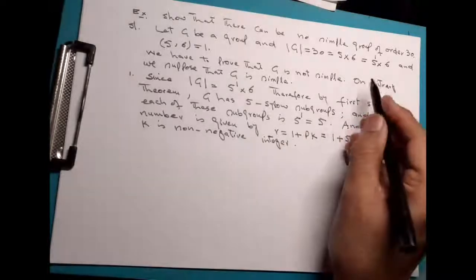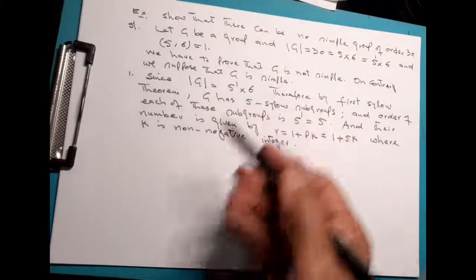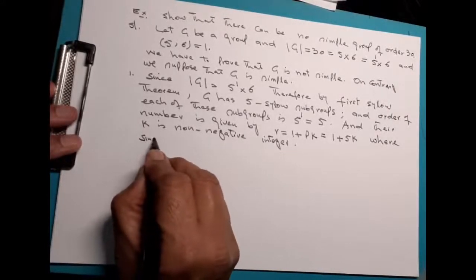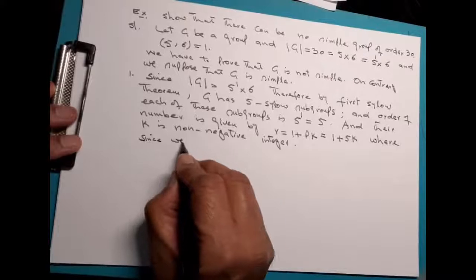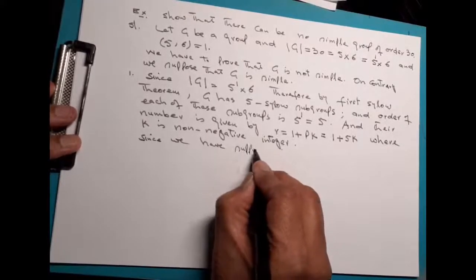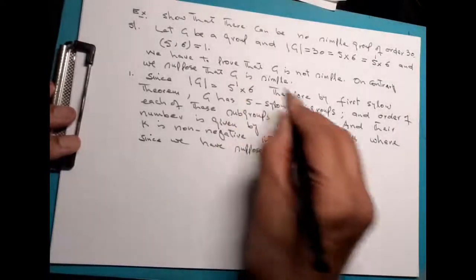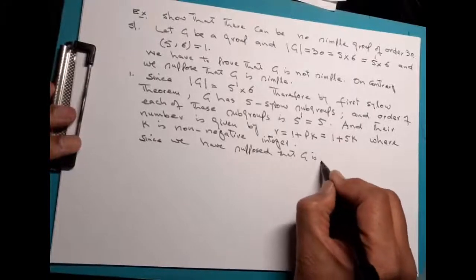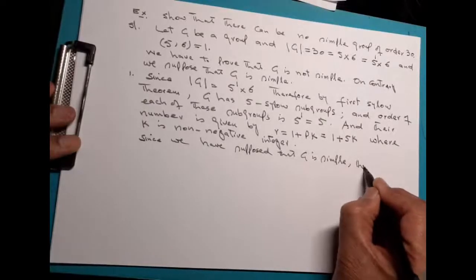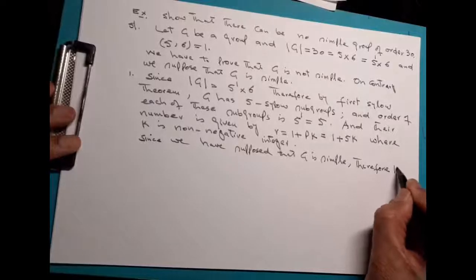But we have supposed that G is simple, so G cannot have a normal subgroup. Therefore, k cannot be equal to 0.